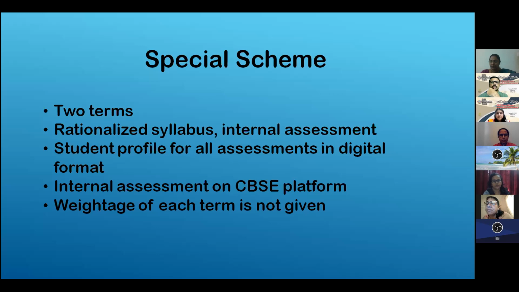We know the reason, because it is a pandemic situation going on. We don't know whether each and every exam, the first term examination and second term examination, will be online or offline, we are in a dilemma still. That's why CBSE is also having the same confusion, and they haven't given the weightage of each term now. They have given plans only: if it happens so, it will be online, otherwise it will be offline.